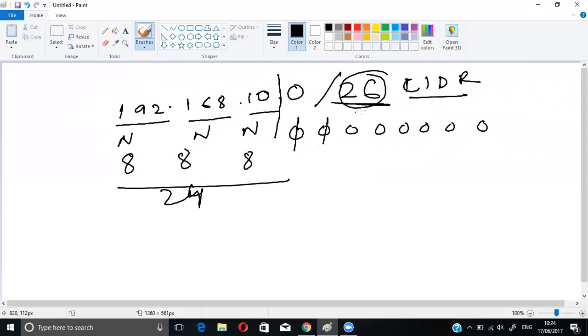Anyways, now when you take /26, they have to take 2 power 7 and 2 power 6, right? So 2 power 7 equals 128, plus 64. So in total it will become 192.